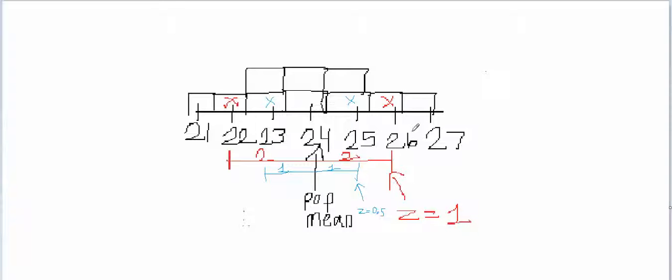I told you that if we take this z-score of 1 and we plug it into that formula I showed you earlier with the population standard deviation and the square root of the sample size, we get this margin of error of 2. If we plug in this confidence coefficient of 0.5 into that same formula, we get our margin of error of 1.